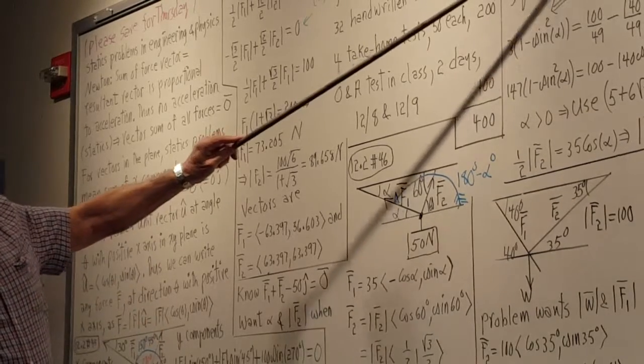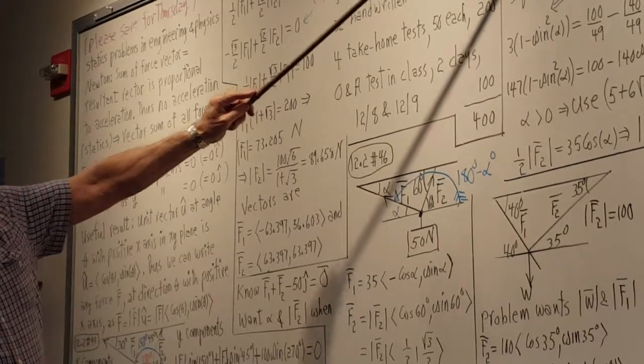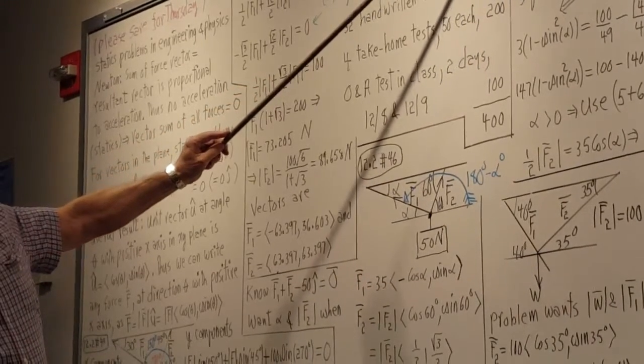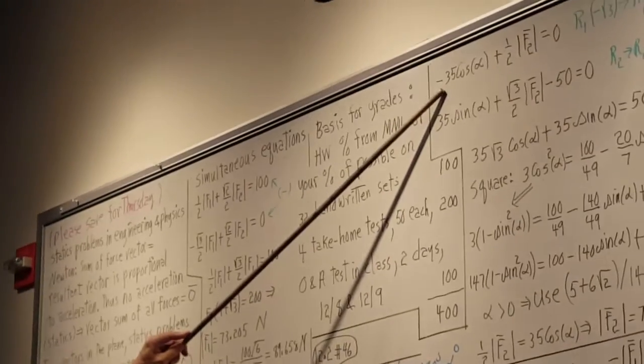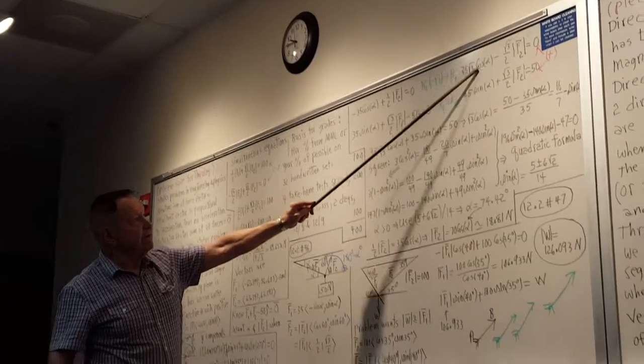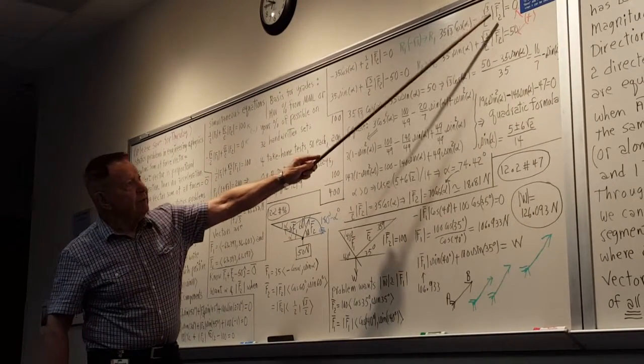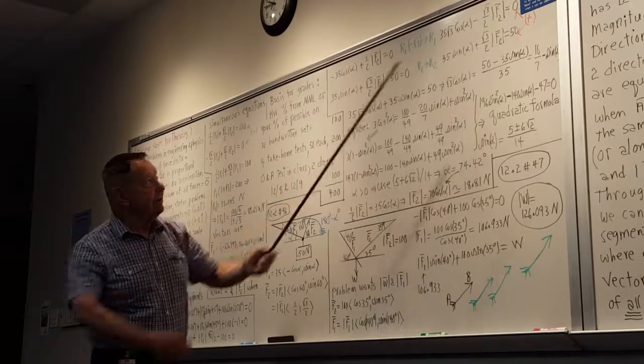And so then what I did is I took row 1 up here and multiplied it by minus square root 3, which gave me 35 root 3 cosine minus root 3 over 2 magnitude F2 equals 0.